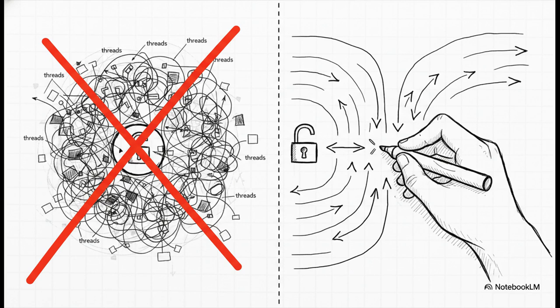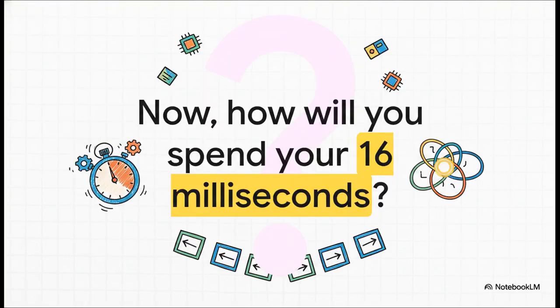It's about building a system so well designed, so efficient, that those resource traffic jams just never even have a chance to form. Which brings us right back to that tiny number from the beginning. With every single frame, you get a budget of 16 milliseconds. So now, with these tools and this new way of thinking, the only question left is, how are you going to spend yours to create the best possible experience?